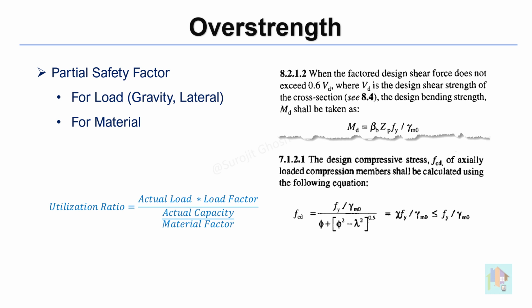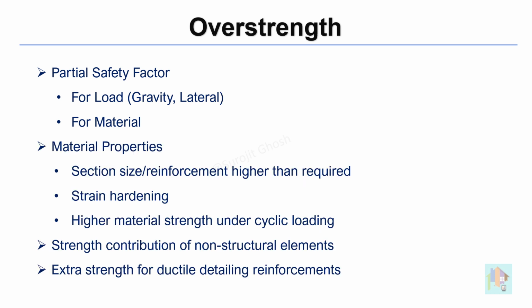in the structure. Apart from this, we always use a section or reinforcement which is more than the required. Consider higher material strength under cyclic loading. Ignore the effects of non-structural elements. All this, including the confining reinforcement provided for ductile detailing, increase the overall strength of the structure.